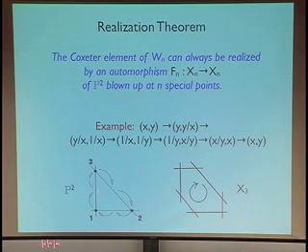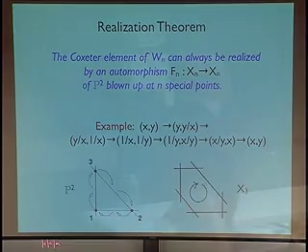You simply blow up these 3 points here. And then you get a surface where this configuration of 3 lines becomes a hexagonal configuration. And then the automorphism is just a rotation of that configuration. So this is the first example of this realization theorem.